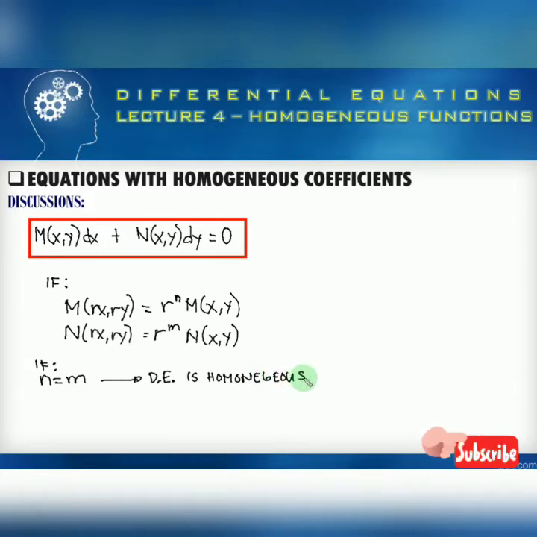Okay, the differential equation is homogeneous of degree n. If your n is just equal now to m, we can say that the differential equation is homogeneous of degree n, and we can say also that our r here is just a variable or a constant.